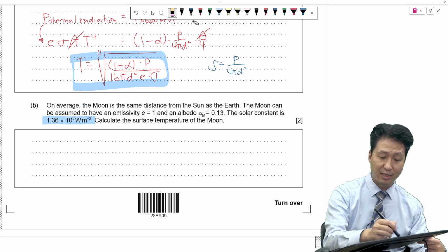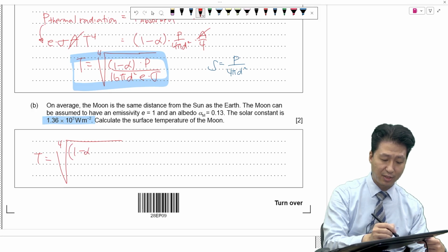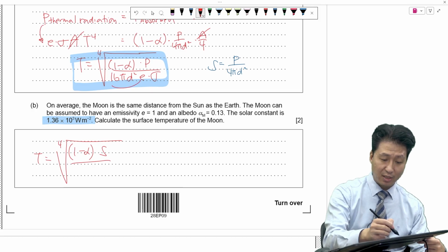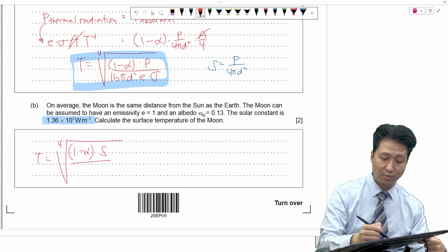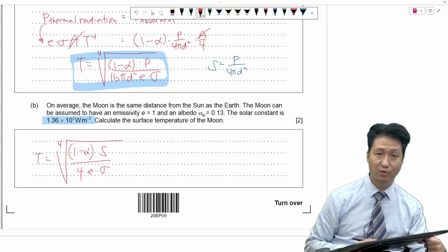So if we apply this to this equation here, the temperature is almost exactly the same. It's 1 minus the albedo times the solar constant. It's just that instead of having this term here, you have 4 times emissivity times the Stefan-Boltzmann constant.